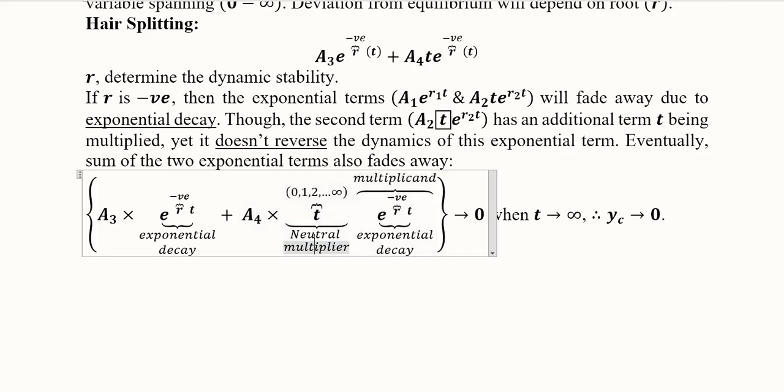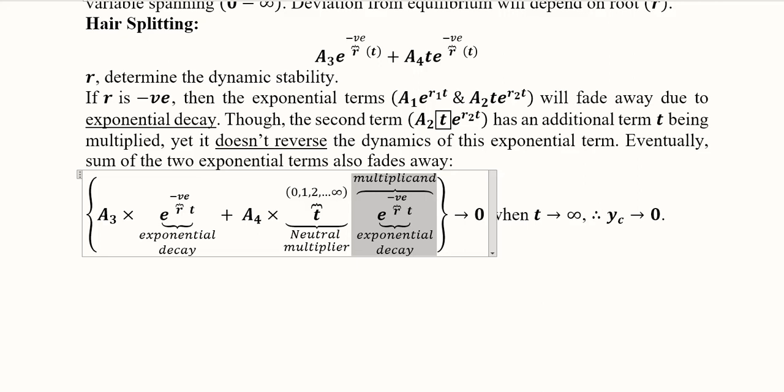Now if we consider this part, it is basically the neutral multiplier, and this is the multiplicand, that is the term that is being multiplied with this multiplier. And whatever the result of this expression, this neutral multiplier is not going to change it. It is just going to affect it a little bit. For example, t will increase as we go ahead in time of the analysis of this expression.